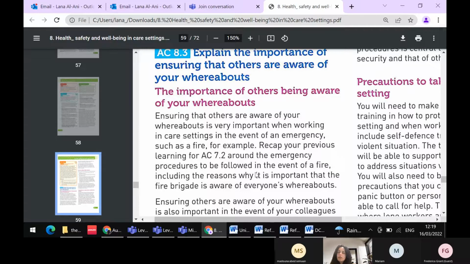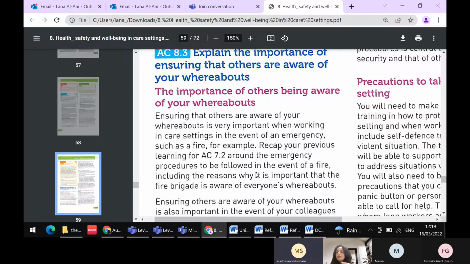It is very important. First of all, an accident might happen to you and no one knows where you are. You didn't take your mobile, you didn't take your bag, you just took some money from this client and went. If your manager doesn't know that you're out, that would be a problem.